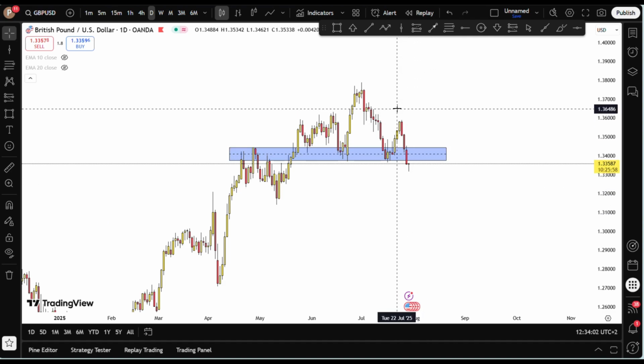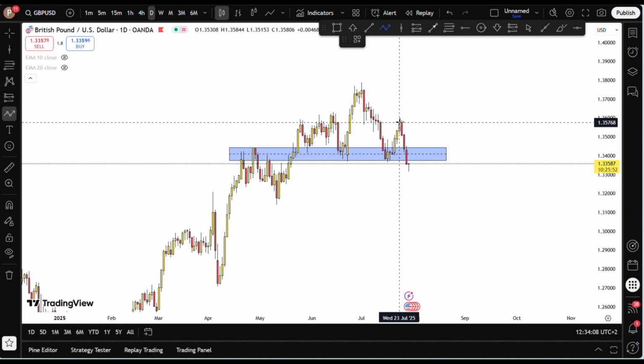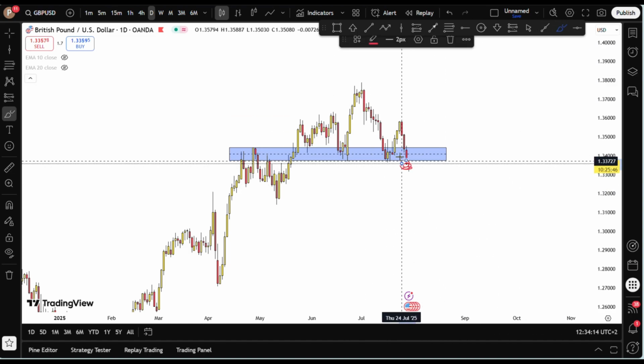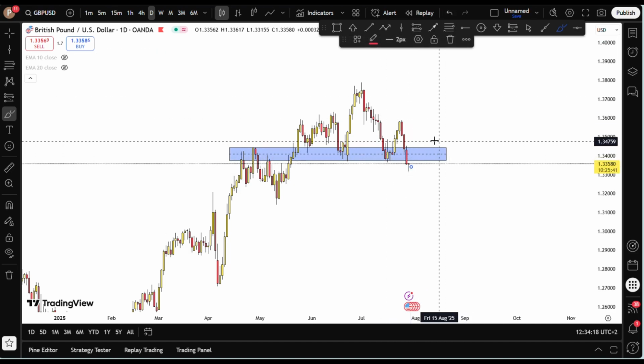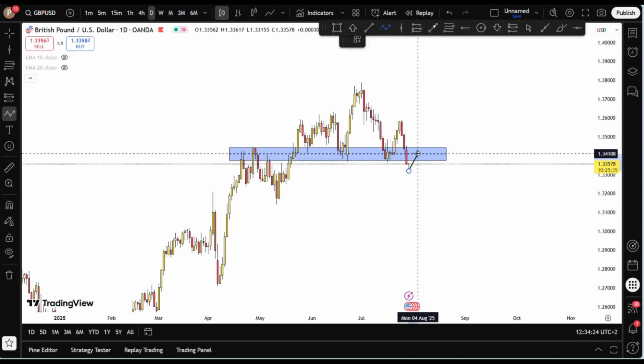So what I would want to see, if this market would continue going down like this, is a close right here. A close below the zone counts as a close. Then I would want it to retest this support.